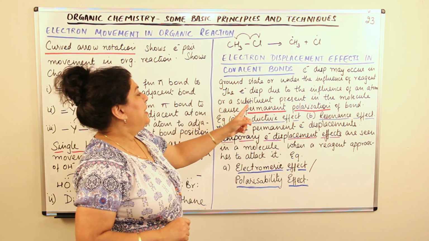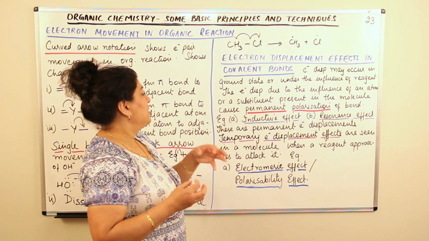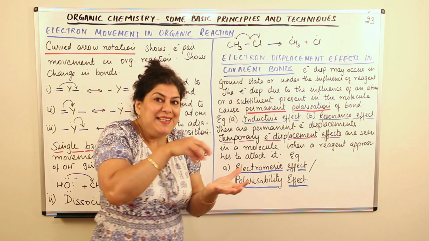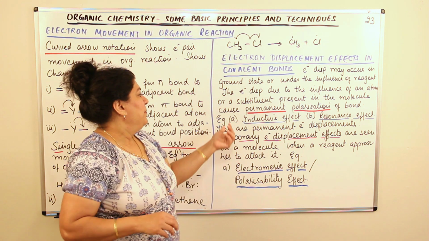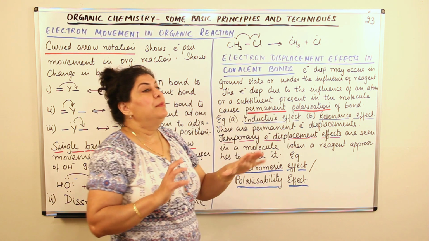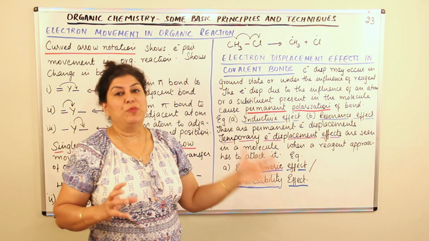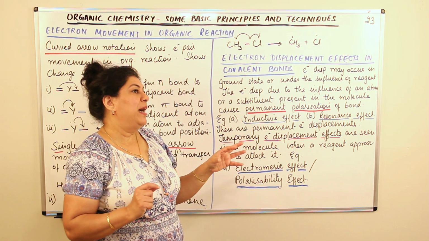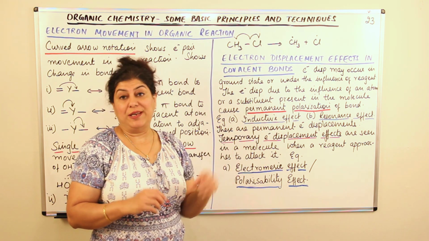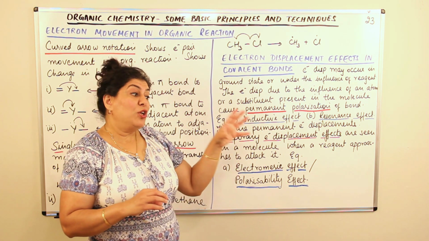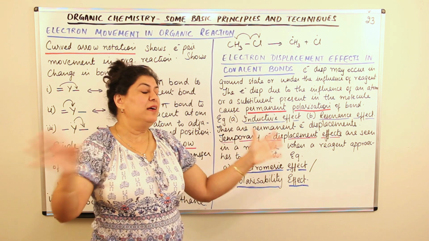The electron displacement due to the influence of an atom or a substituent which is present inside the molecule would cause a permanent polarization of the bond. Let us say that you have in the molecule, you have an oxygen atom. That oxygen is more electronegative than any carbon in the molecule.